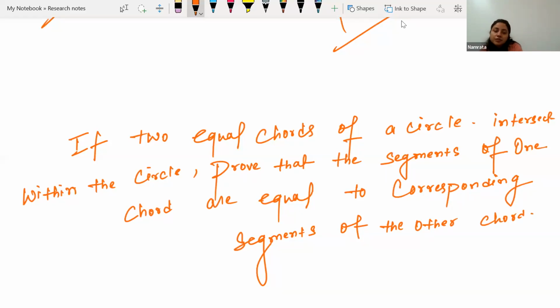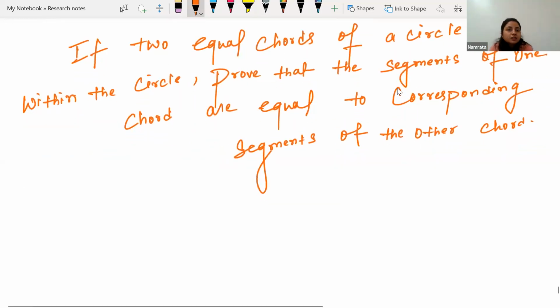Okay, this is the theorem which we are having and we have to prove. Let's understand what exactly the theorem says.